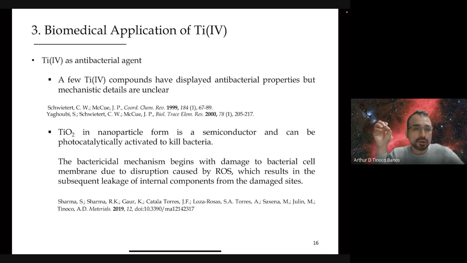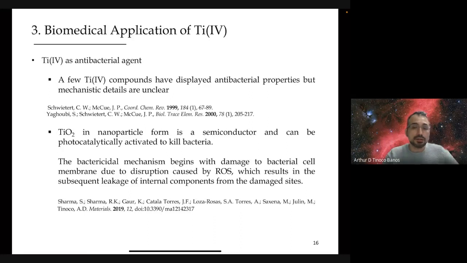Well, in nanoparticle form, and there are actually specific sizes for this form of titanium dioxide, it plays the role of a semiconductor. And so because of that particular property, it can actually be photocatalytically activated to kill bacteria. So the underlying mechanism is believed to be that this activation can lead to the formation of reactive oxygen species.